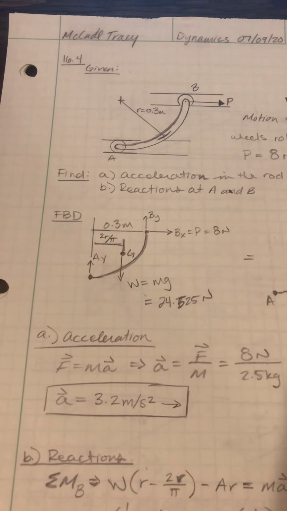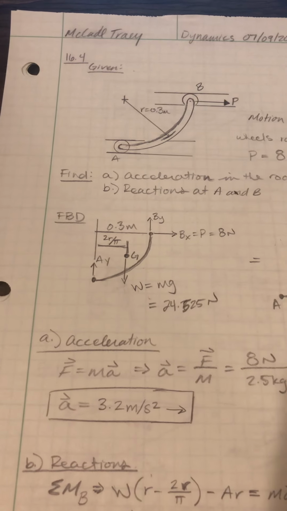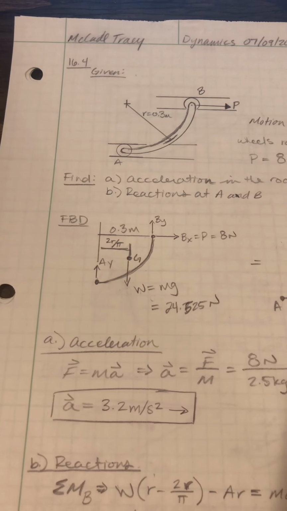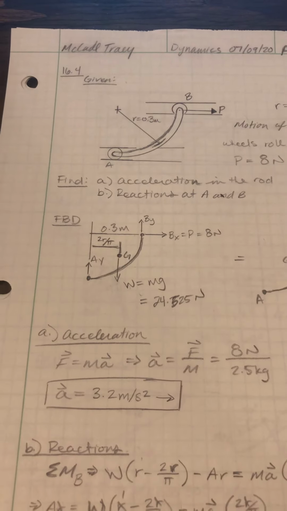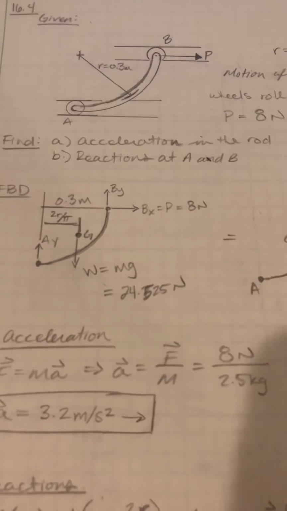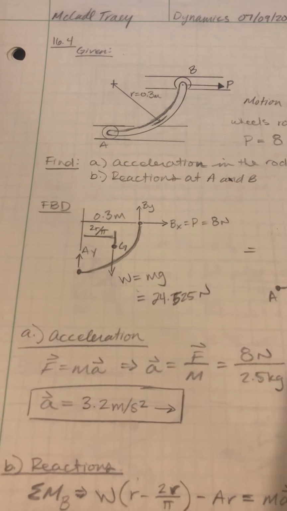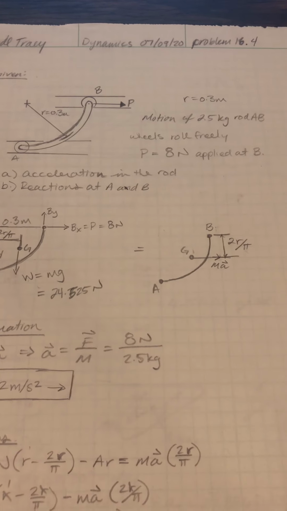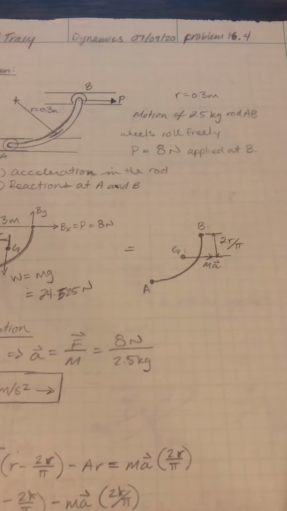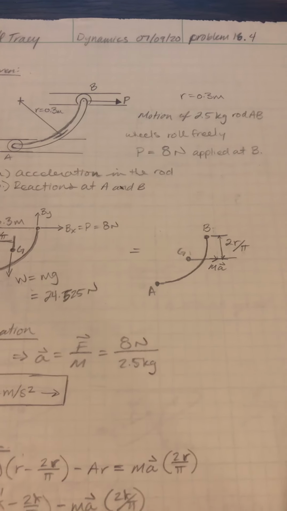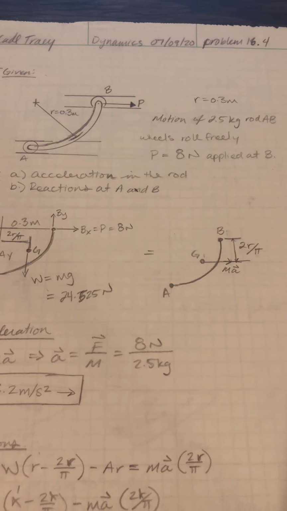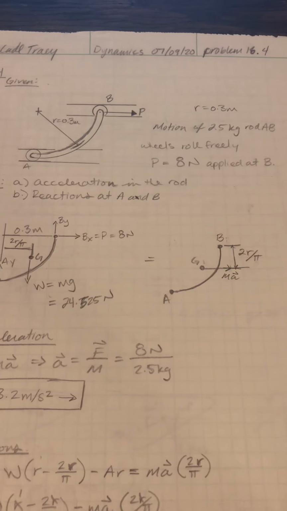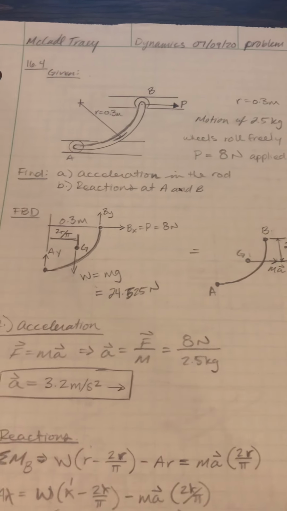However, we know that the weight is going in the negative y direction at this point, and we can see that calculation at 24.525 newtons, and this is equal to the center of gravity moving to the right, so mass times acceleration at that same distance, 2r divided by pi.